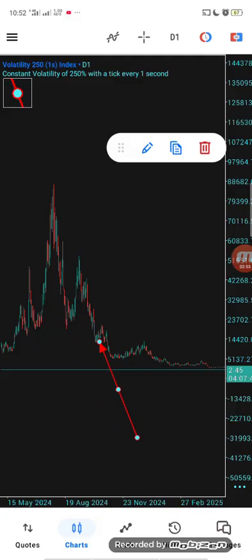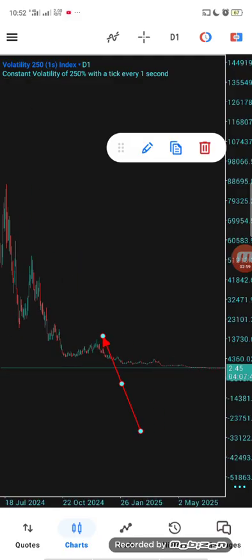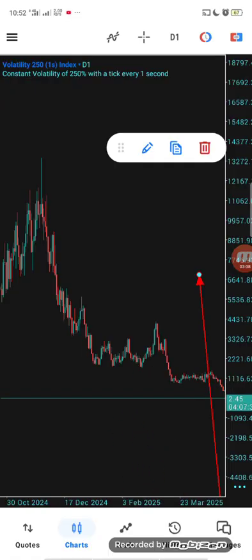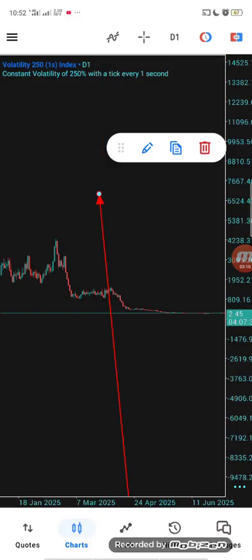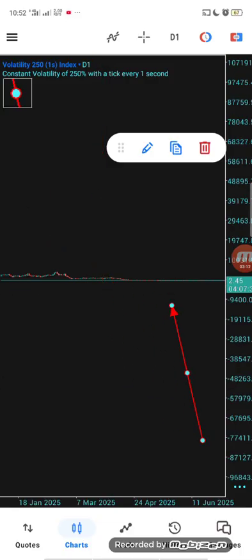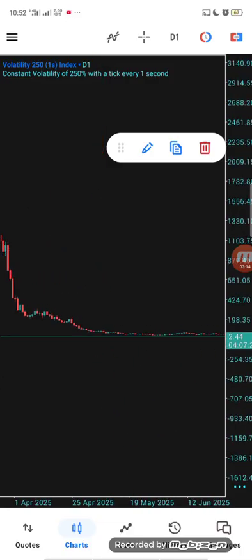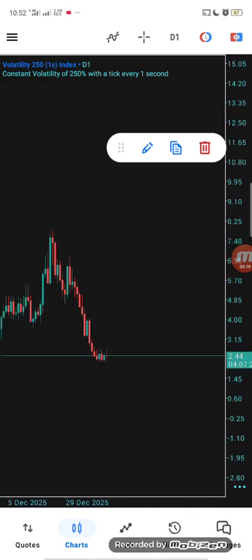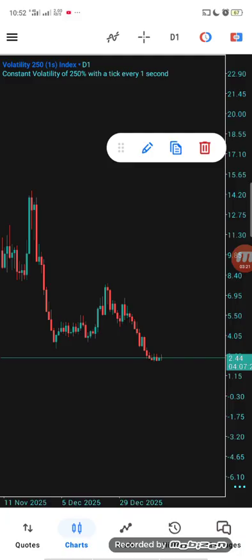Then came this lower low, a lower high, a lower low, another lower high around this region. Then it continued that way to the downside until where it's currently at. So if you just look at that structure, we know we are looking for sells. The market is bearish.